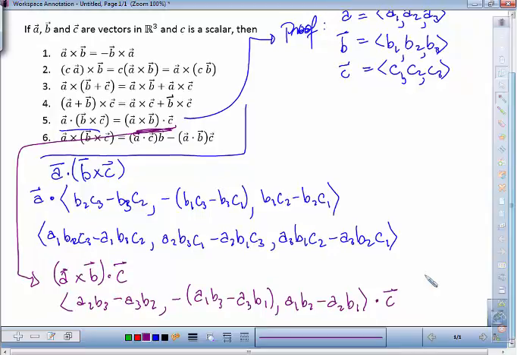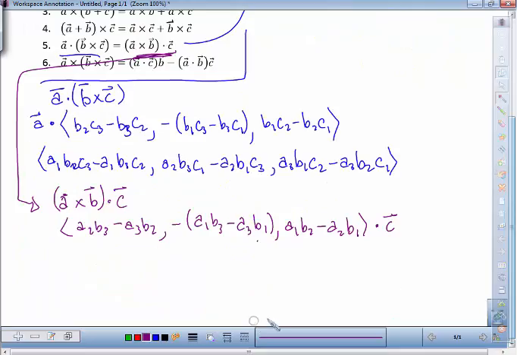And if we dot that with a vector C, it's just these things multiplied with C1 and then C2 and then C3. So A2, B3, C1 minus A3, B2, C1. And then with the negative here, we can change the order.